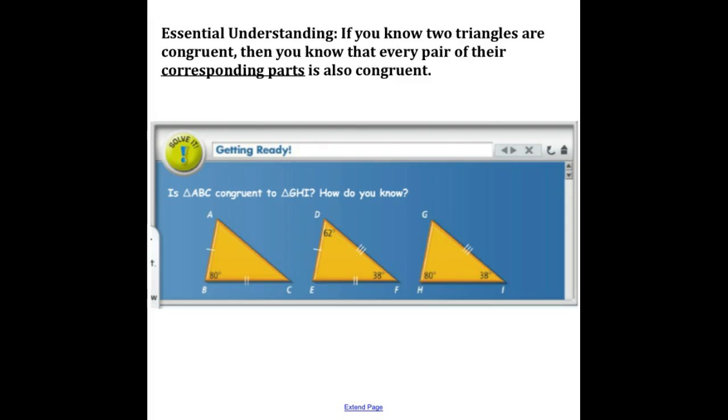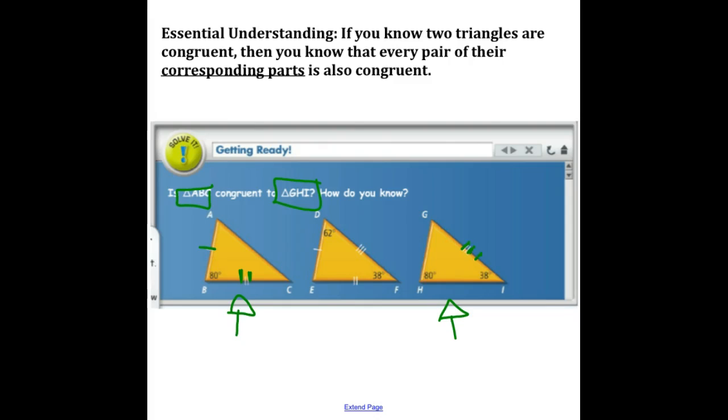So let's take a look at these three triangles. It says, is triangle ABC congruent to triangle GHI? So ABC is this first triangle and GHI is the third triangle up there. The first thing that I did is I looked: ABC has a 1 congruent marker on AB and a 2 congruent marker on BC, and GHI has a 3 congruent marker on GI.